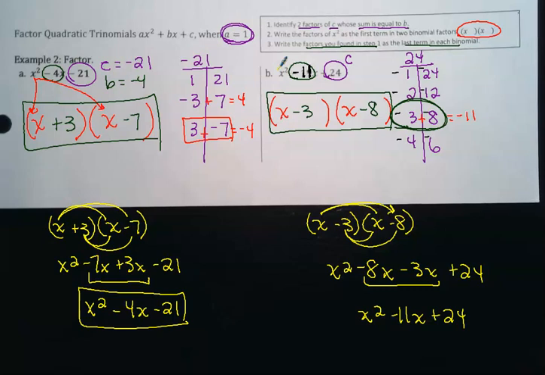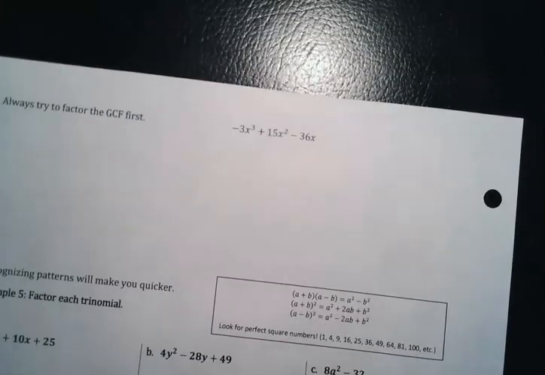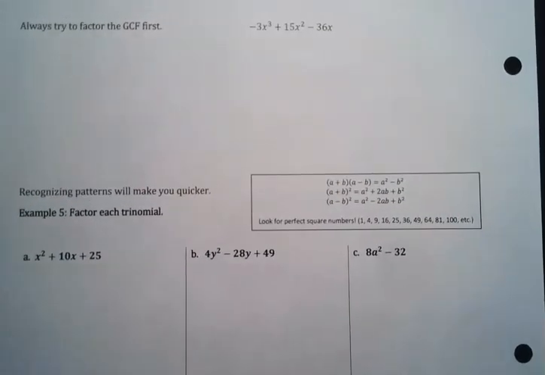Okay, so when your a value is 1, it's much, much easier to do. All right. One thing you should remember is you should always try to factor the GCF first. That would make your life a lot easier. So when you're looking at these, do try to factor out your GCF first.